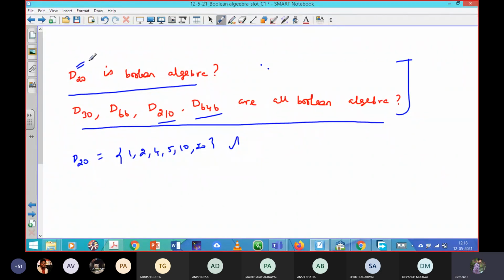Can you list them out? 2, 5. Is any other number possible? No, sir. So here it is not possible to split it as a multiplication of distinct primes. So certainly you can say the answer: D20 is not a Boolean algebra.